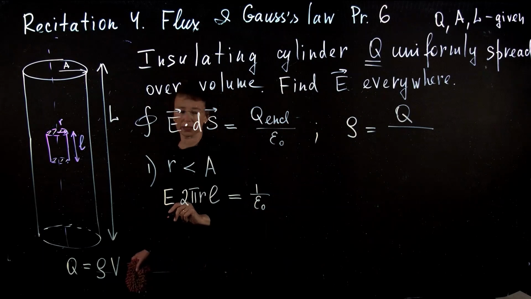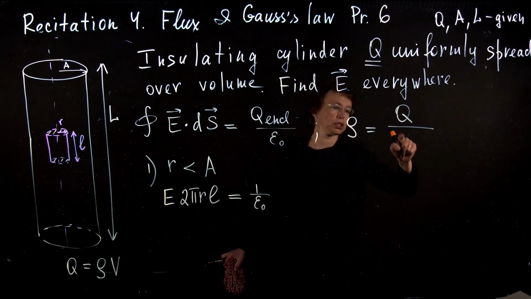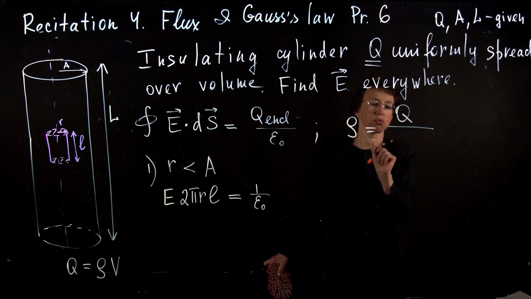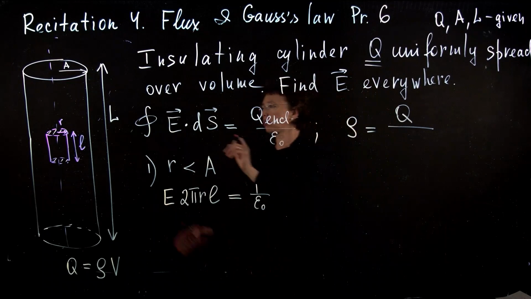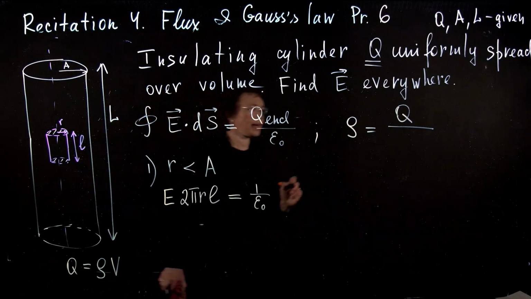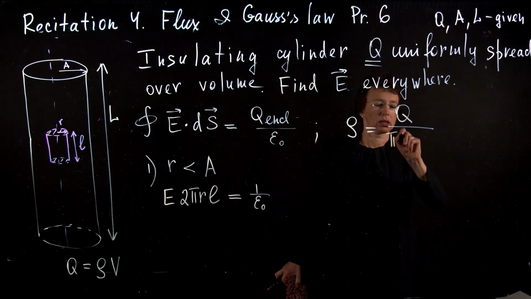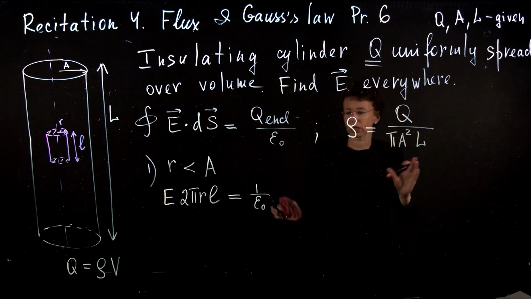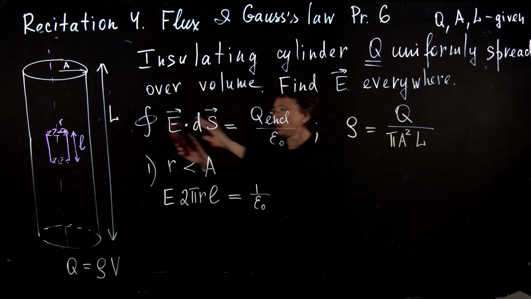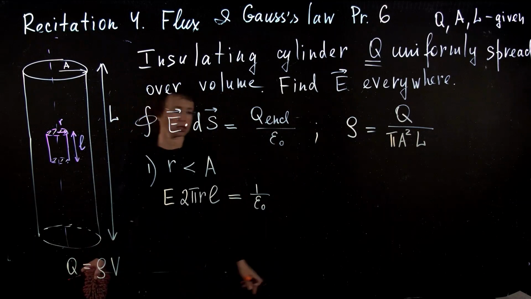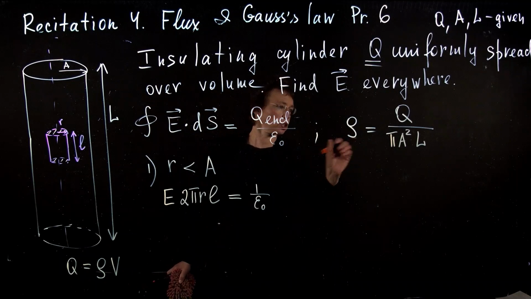So we have 1 over epsilon naught times rho, where rho is Q divided by the volume of the original cylinder. What is that volume? It is pi A squared times L. This is rho. It doesn't depend on the choice of our Gaussian surface. It is just the charge density for the original cylinder.